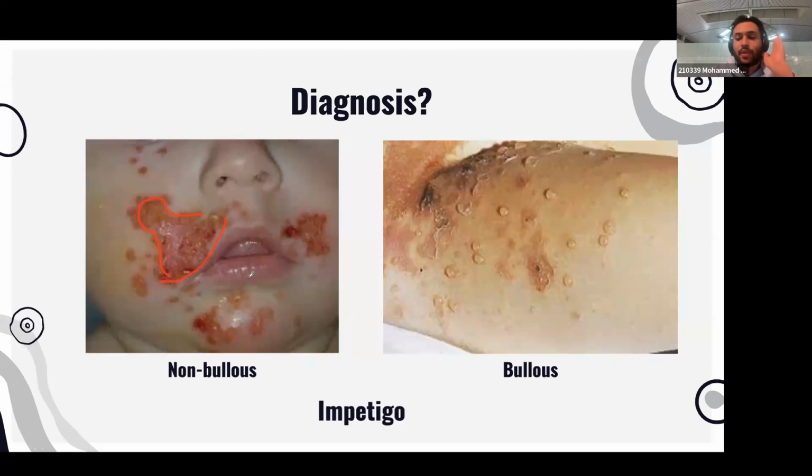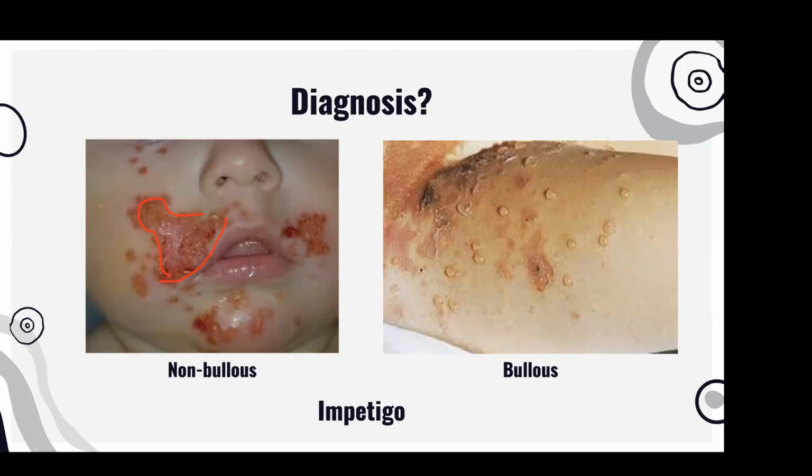Now, there are two types of impetigo, right? Non-bullous and bullous. Non-bullous is caused by what bacteria? Most commonly Staph aureus, and also Strep pyogenes. This is in the dermatology clinical. For bullous, it's Staph aureus.